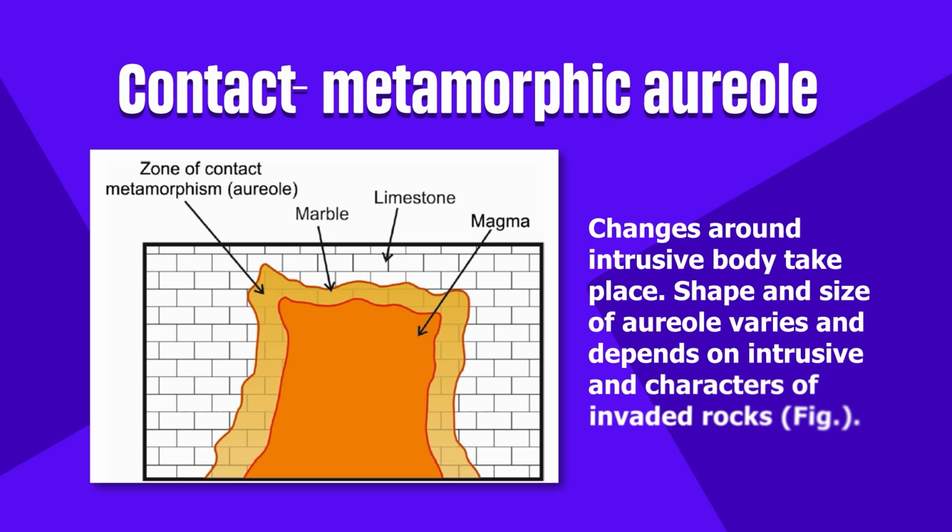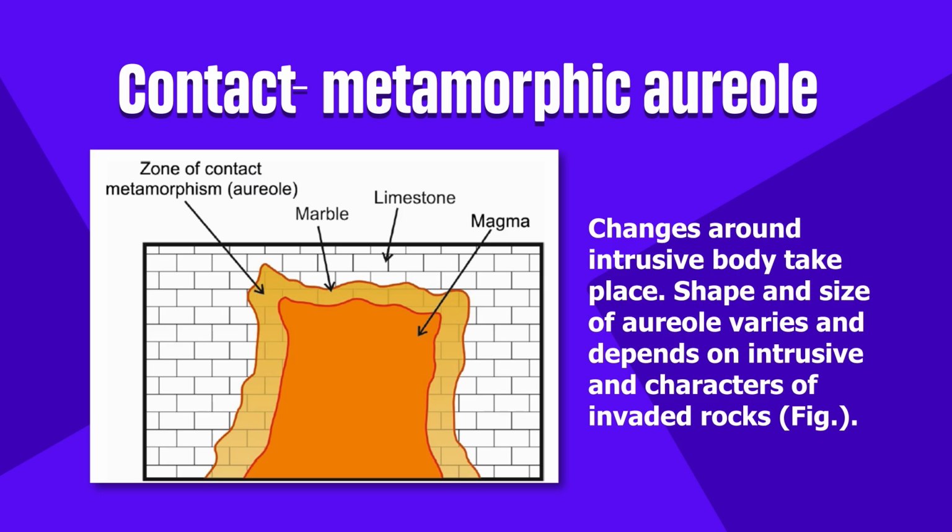Now, the contact metamorphic aureole. In this diagram I am trying to show a metamorphic aureole. Changes take place around the intrusive body. The shape and size of the aureole vary and depend on the intrusive and characters of the invaded rock.